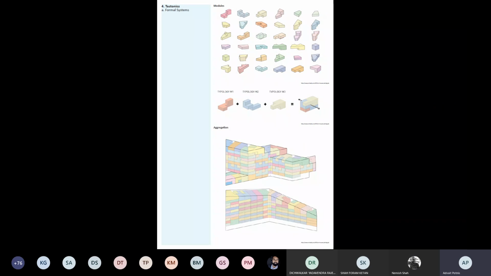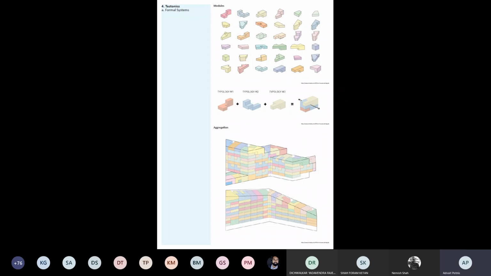Now, the second last part is the tectonics. This is very important. How do you arrive at the form of the building, or the overall formal language of the building, I would say. So, in a housing project, you have components or modules.